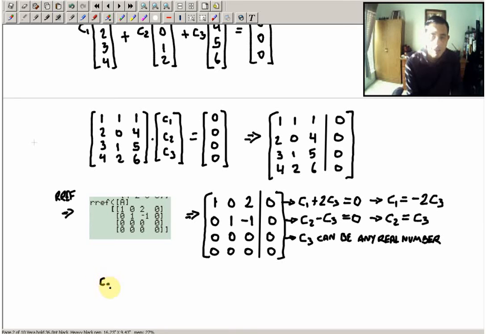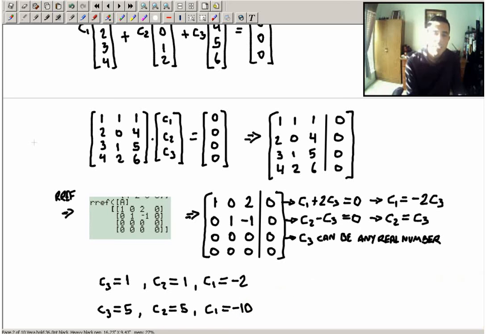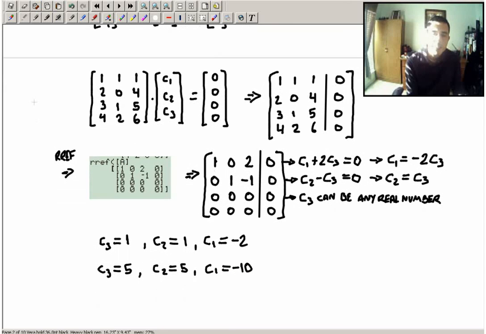If you don't like that one, you can pick another. C3 equals 5, then C2 would be 5, and C1 would be negative 10. Alright, that shows it. Let's look at the big picture.